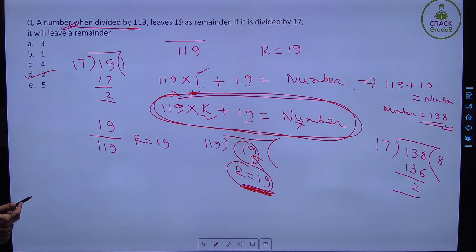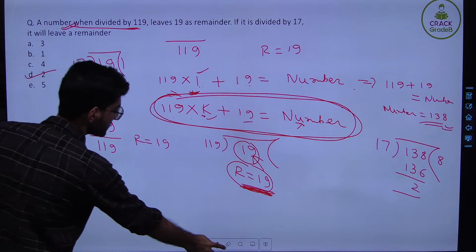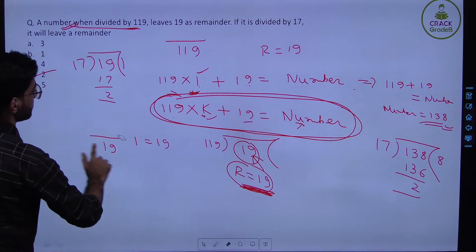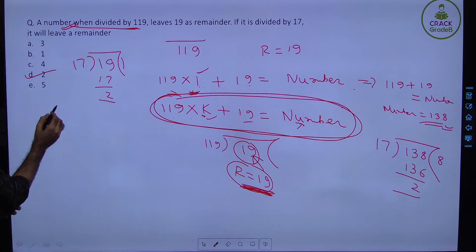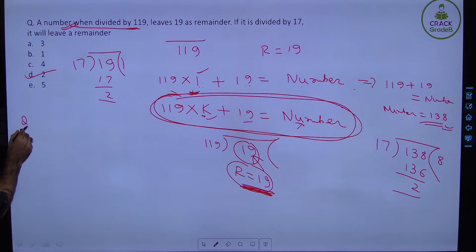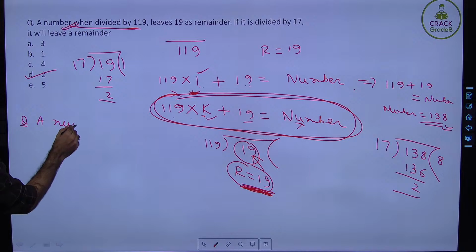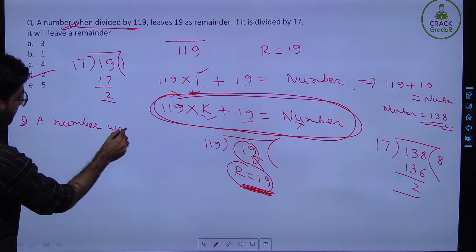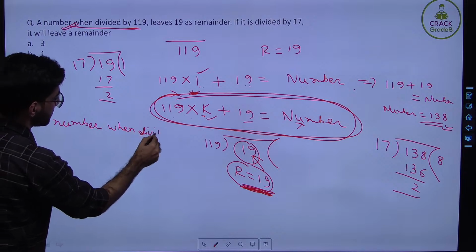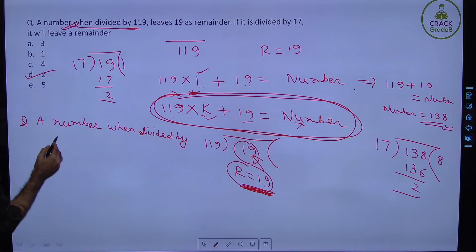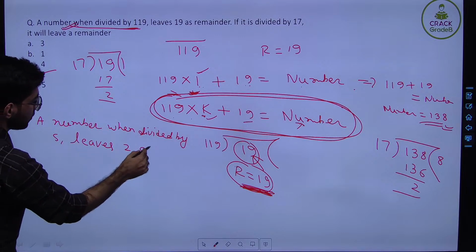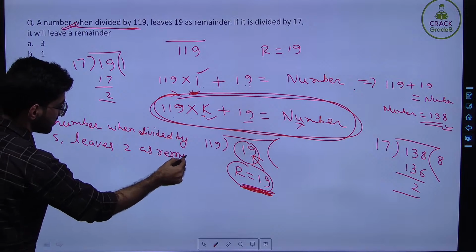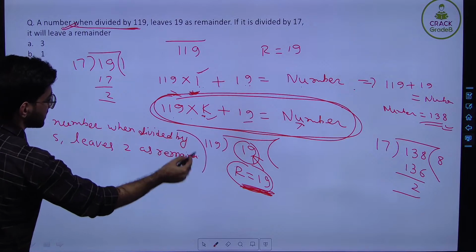Any doubt? See, we can also take, suppose, a number that when divided by 5 leaves 2 as remainder.